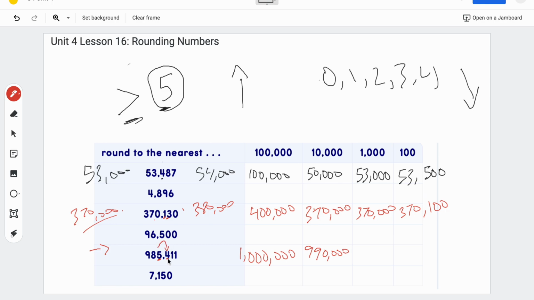I see a 4. Well, this is less than half. It's less than 5. Therefore, I'm going to round down to 985,000, as opposed to 986,000.